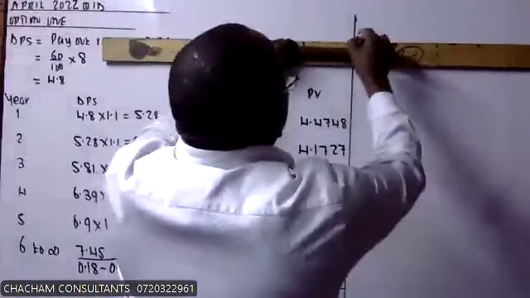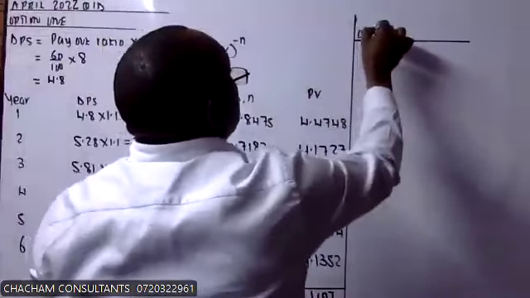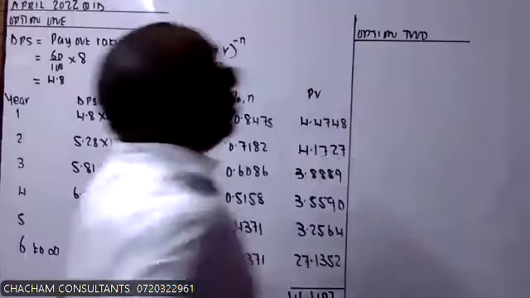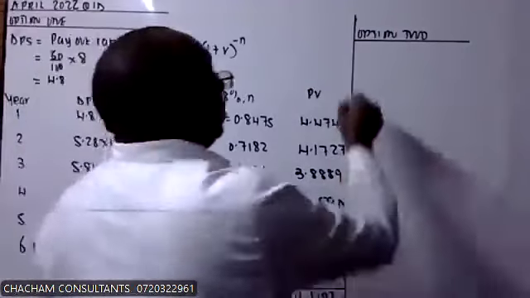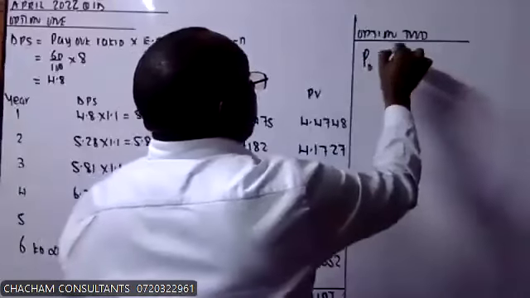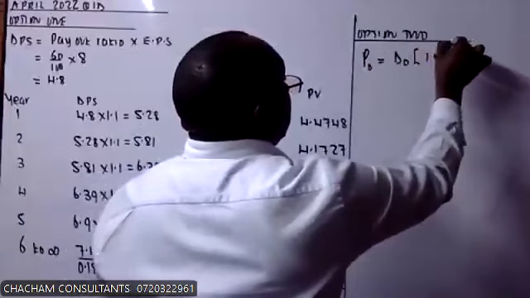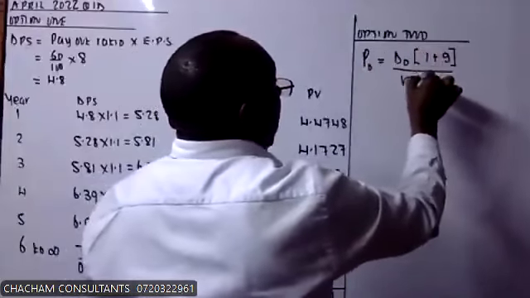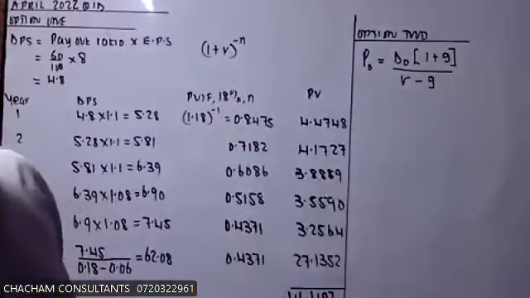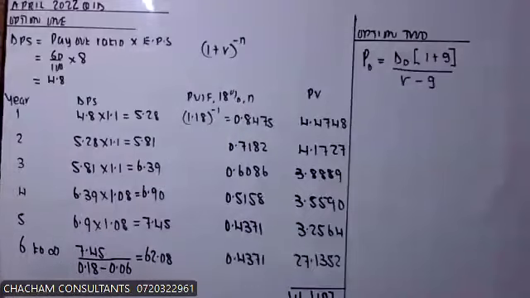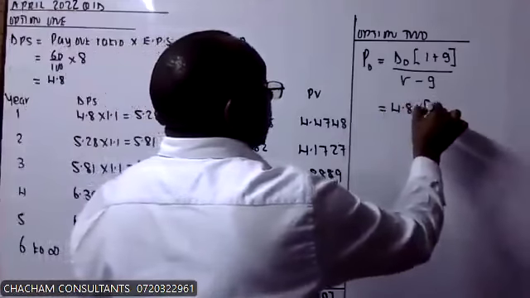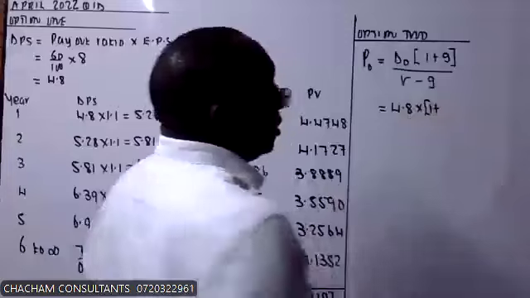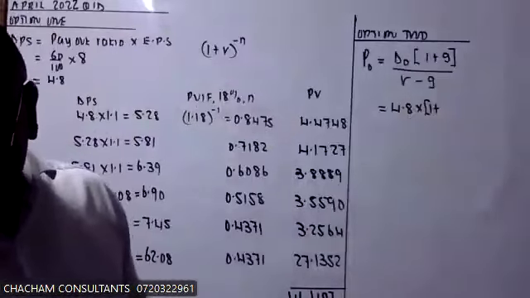Let's see what happens in option 2. In option 2, the price of the share, P naught, he says D naught times 1 plus G, where there is the Gordon growth, then R minus G. So D naught is the current dividend, which is 4.8 times 1 plus the growth rate.